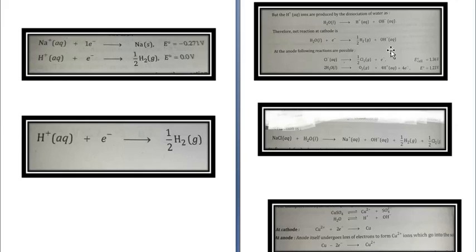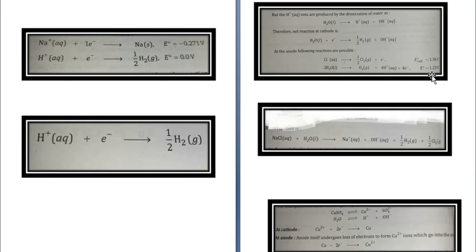So at anode, what are the reactions which are possible? Cl- will give you half Cl2 plus electron, and 2H2O will give you O2 plus 4H+ plus 4 electrons. Now E0 of this reaction was 1.36 volt and E0 of this reaction is 1.23 volt.